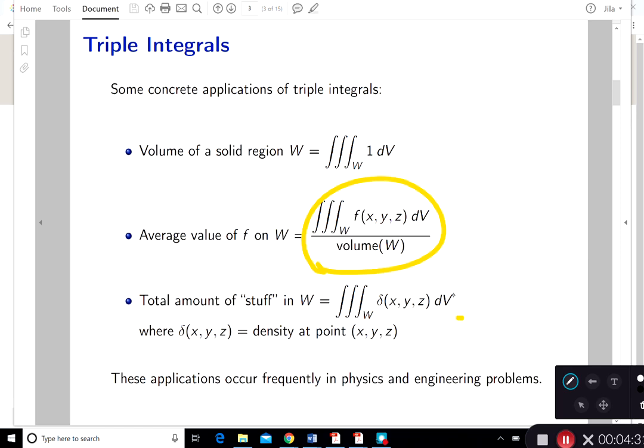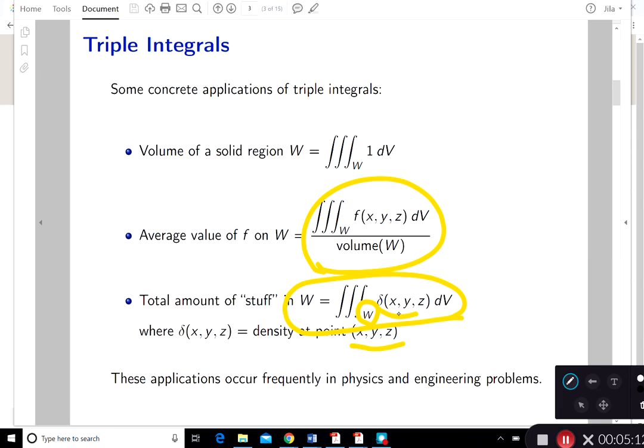So what do we mean when we talk about a triple integral? What we mention is that we're finding the net stuff over the domain W of a function sigma. Sigma(x, y, z) can be the density at the point (x, y, z). For example, you can think of a solid that has different density.